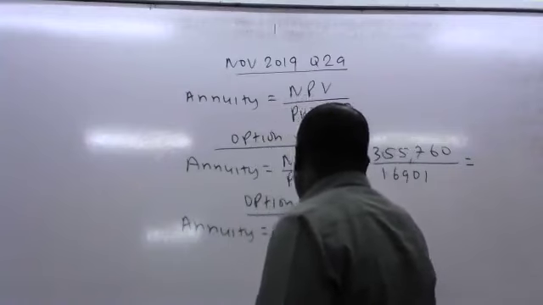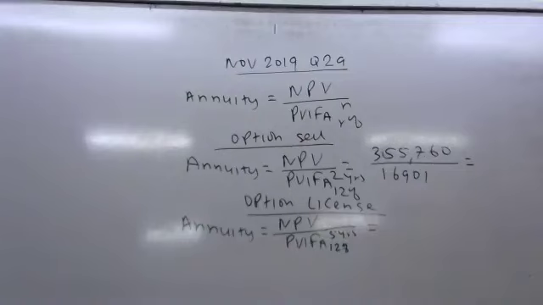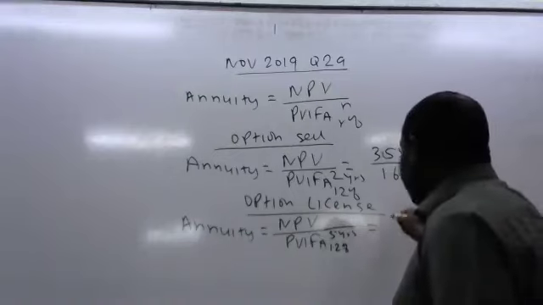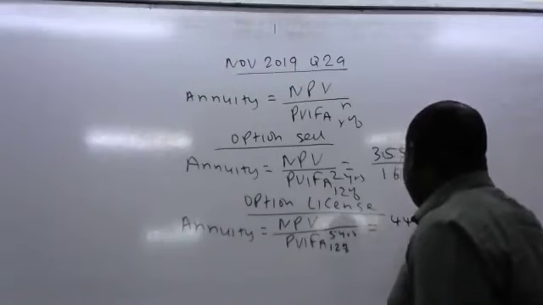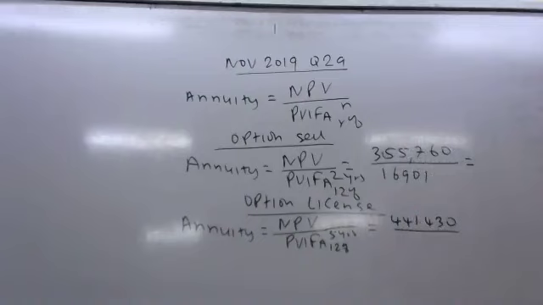So confirm the NPV for option license. 441,430. So also check in the annuity table.